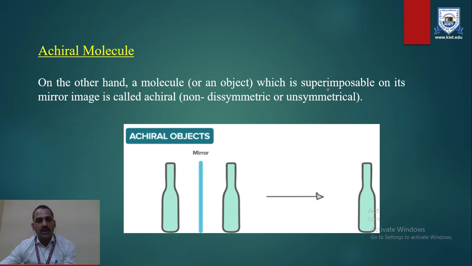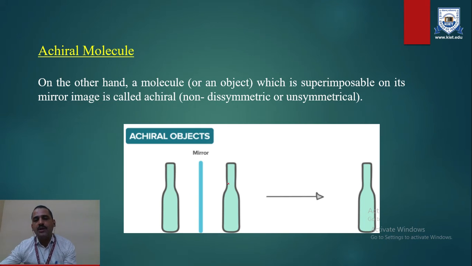The next part of the topic is the achiral molecule, which is totally opposite to the chiral. We can understand an achiral molecule with the help of this pictorial presentation, where we have used a single bottle, and the mirror image is the same. There is no change, as no specific functional group is involved.